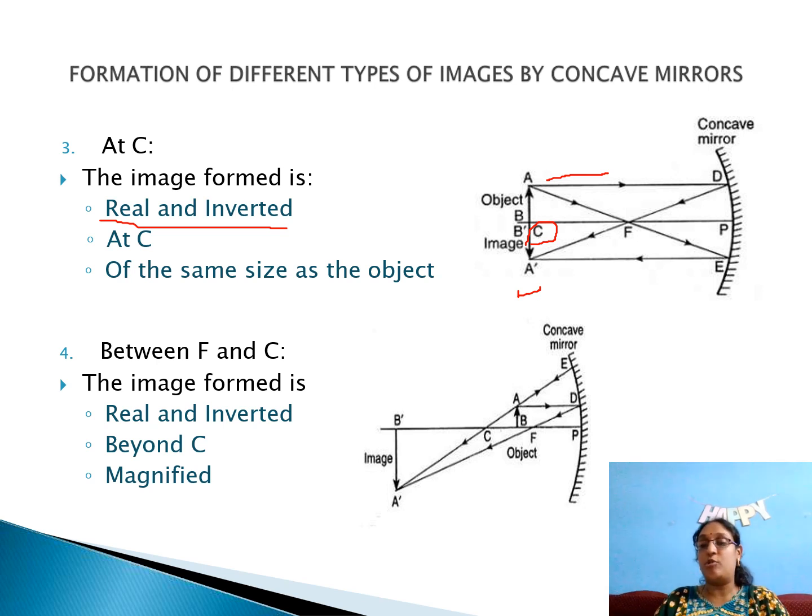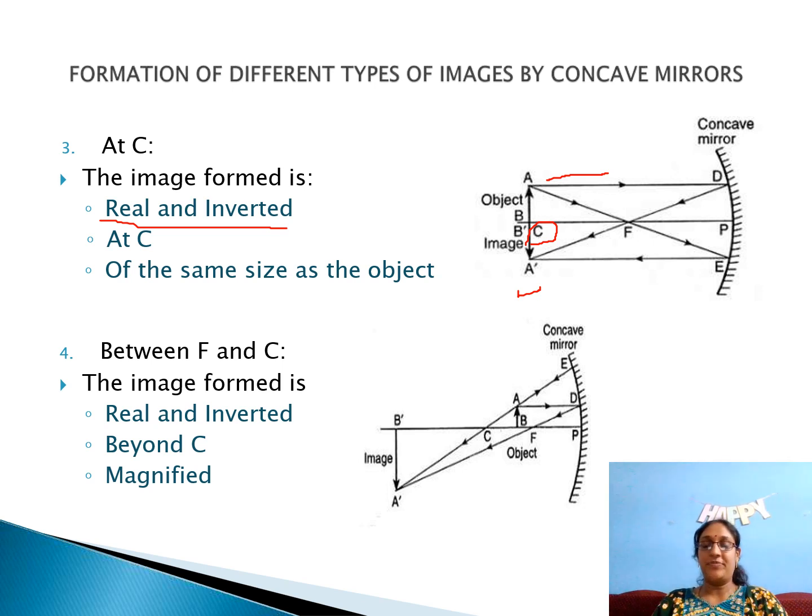You will have a change in position, but here it is not like that. Your image is formed exactly at the center of curvature position itself. That is the difference from the last two cases. And your object size will be the same as the image size. Got it? So this is at C.